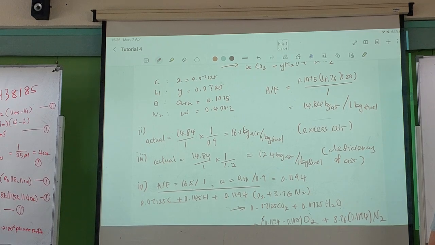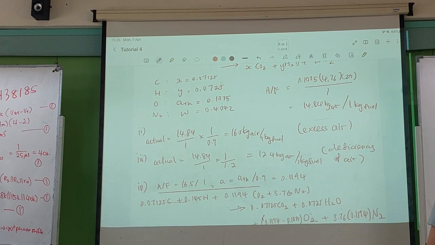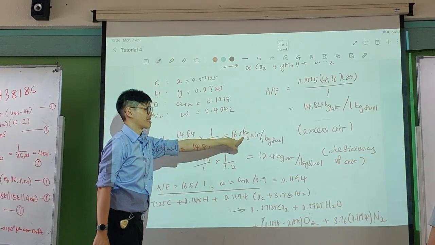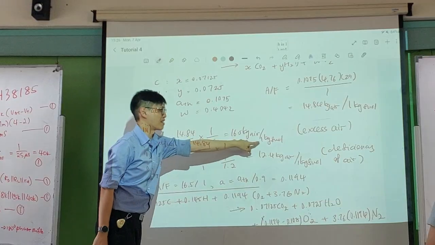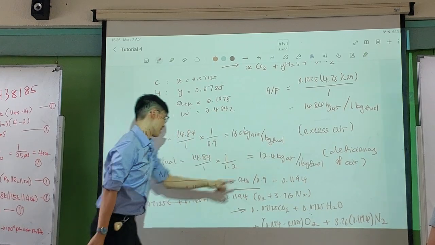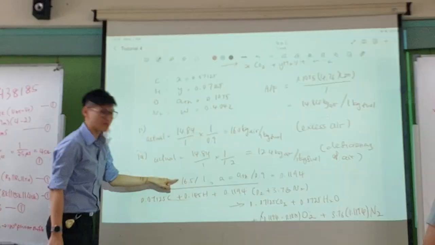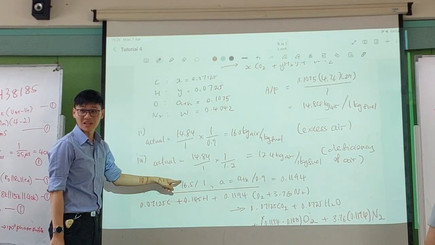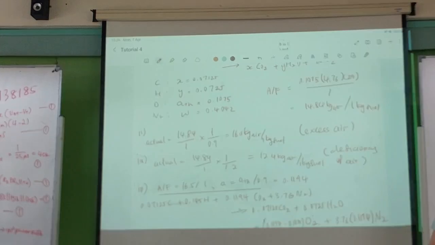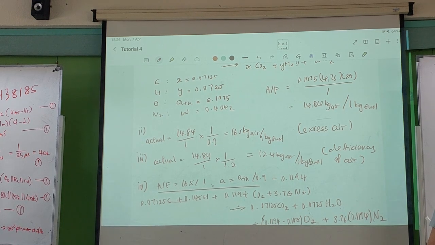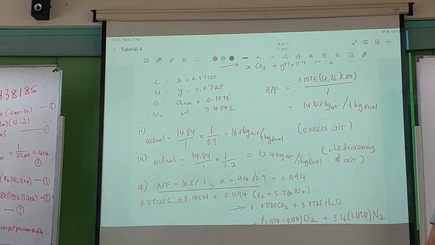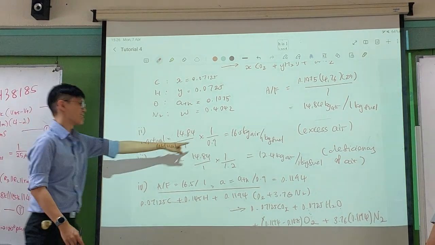Just read the answer out. 16.5 what? 0.5 kg. And what is this? 1. Okay. So this 16.5 is this 16.5. So now you get what is the 1? Yes. Okay, that's the answer. Then the 0.5. The 0.9 is this 0.9.